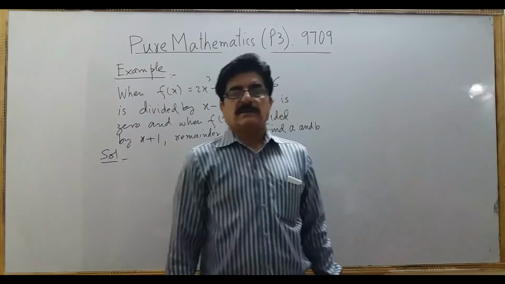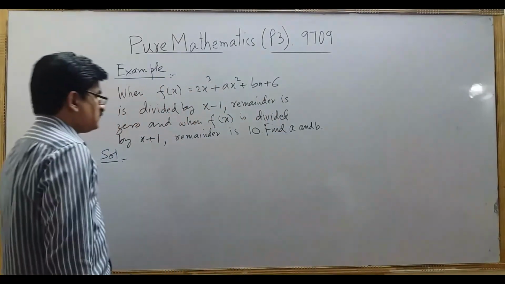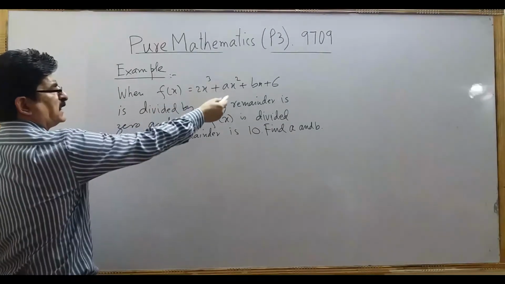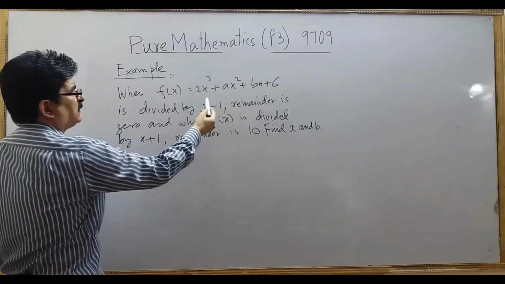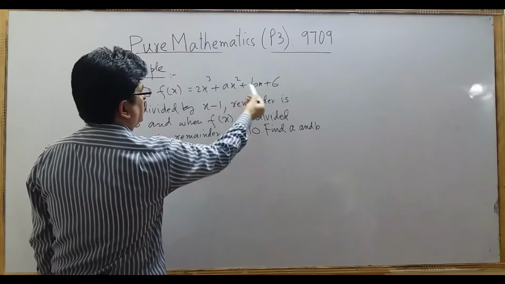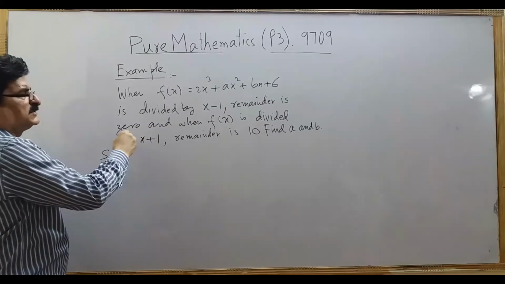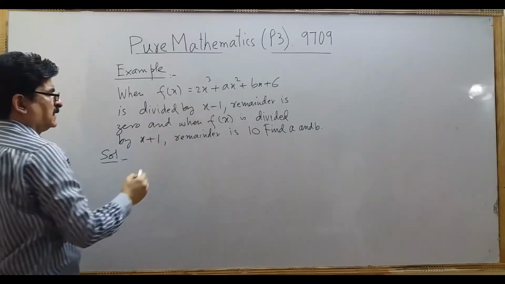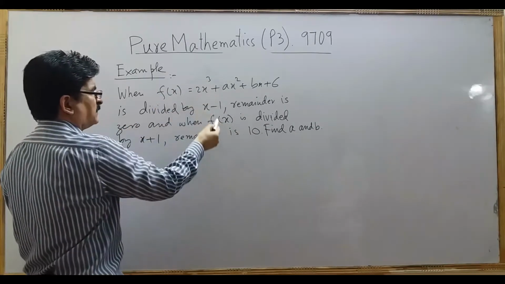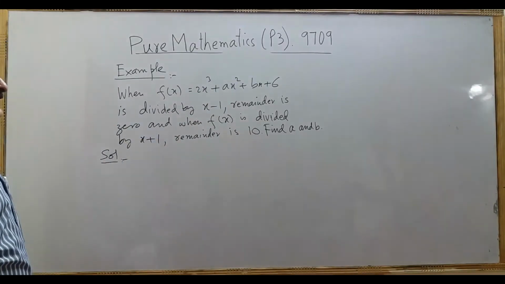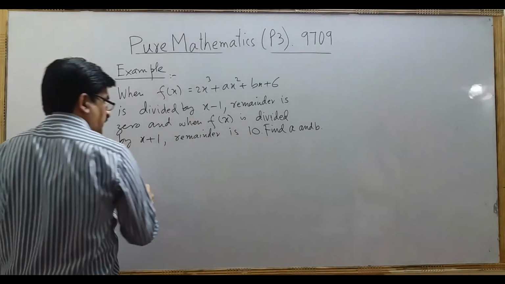Okay, we have an important example. I read the statement. We are given a cubic polynomial in which two unknowns are involved, a and b. Divided by x - 1, the remainder is 0, which means this is a factor of it. And when the same polynomial f(x) is divided by x + 1, the remainder is 10. Find the values of a and b.